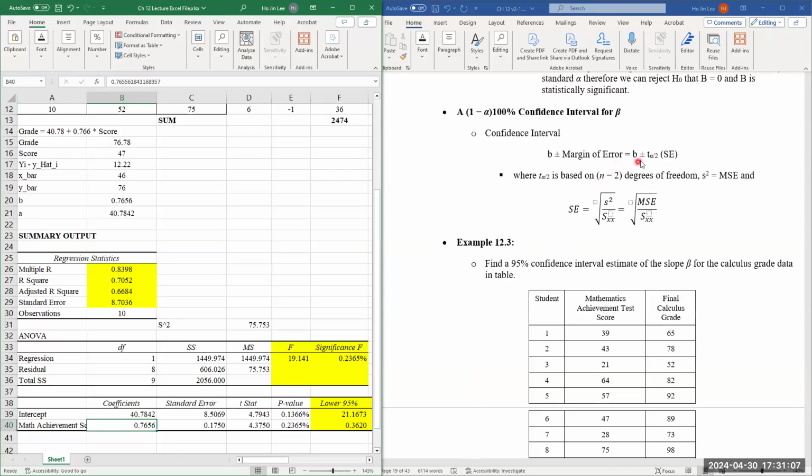The margin of error is T of half alpha times the standard error. So let's build that. The point estimate is equal to this, and the margin of error is equal to T of half alpha and the standard error.